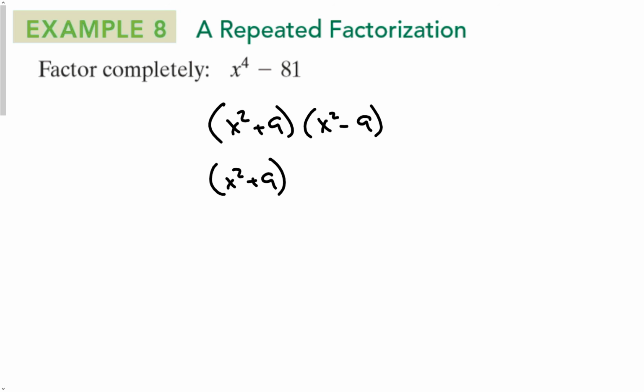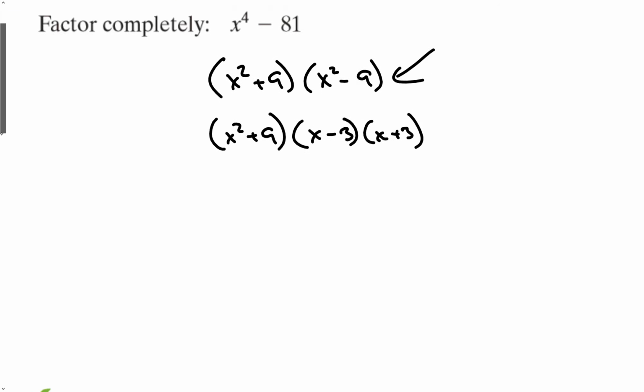You cannot factor it anymore because it is the sum of two perfect squares. But x squared minus 9 is factorable more. It factors into x minus 3, x plus 3. So the point of this question is to see that once you do the first step, maybe you can do a little bit more. Okay?